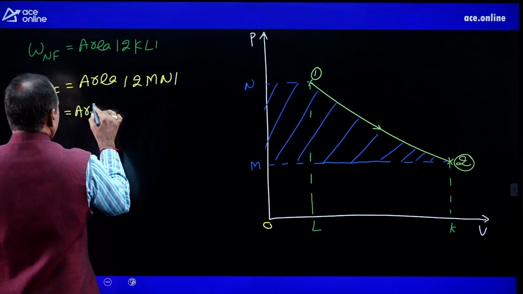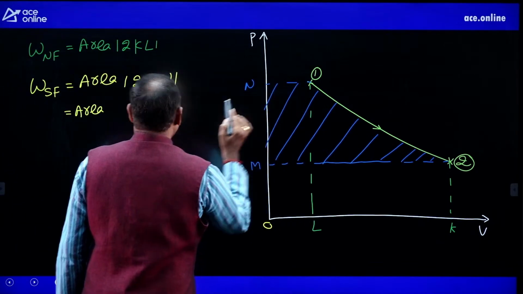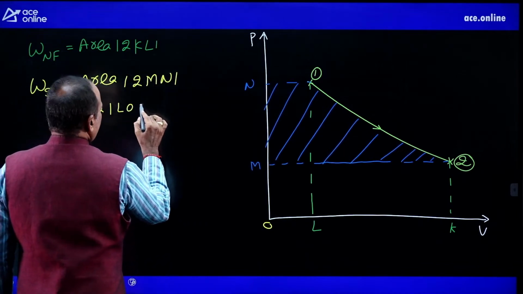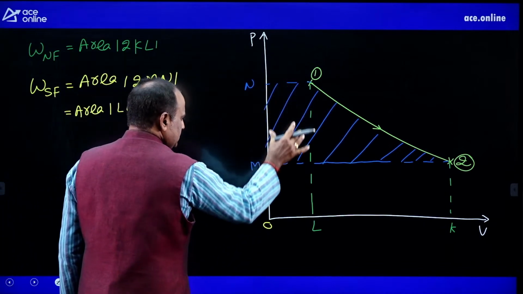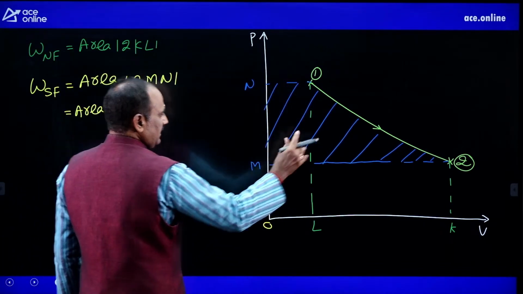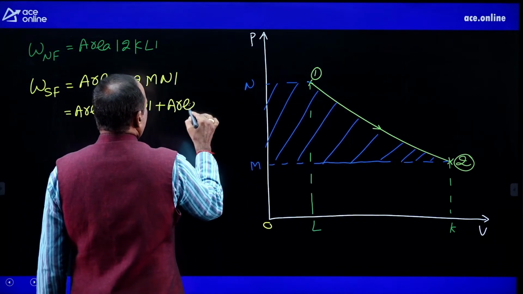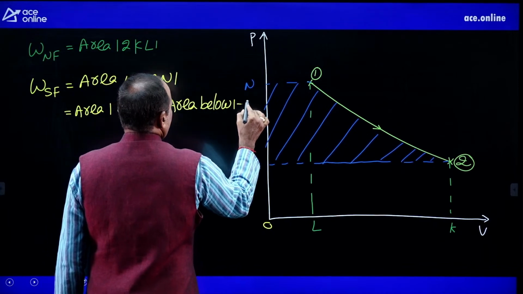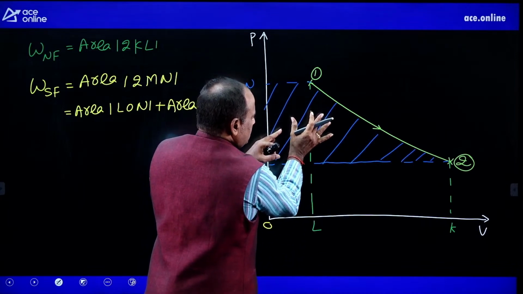Area 1, L0, N, 1, that is covering this rectangular strip area, plus the area below 1, 2, that is covering the total area, but I want only this area.